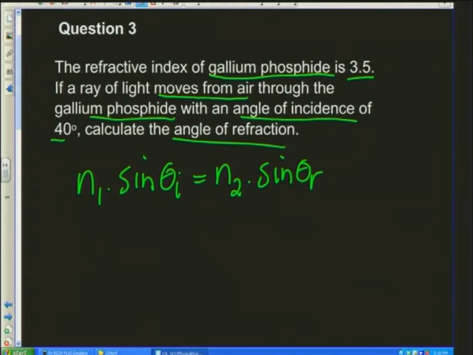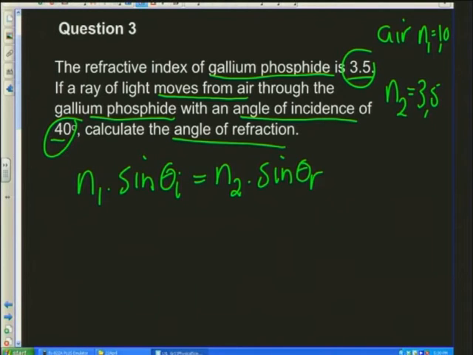Now, let's see what we know. We know N1 was moving from air, and N1 for air is 1,0. We know that the angle was given as 40 degrees. And we're wanting to find the angle of refraction. We know the N2, the refractive index of gallium phosphide, 3,15.